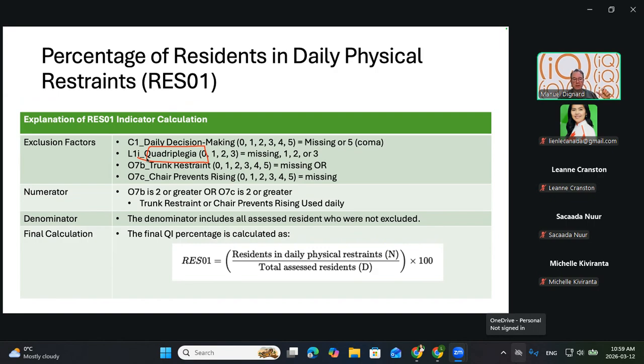We want to make sure we don't target you for that quality indicator when someone is quadriplegic, if you put that trunk restraint or that chair prevents rising, even though they could not move on their own. So if they're not quadriplegic and they're not comatose, they will look at you and you will be part of that denominator.